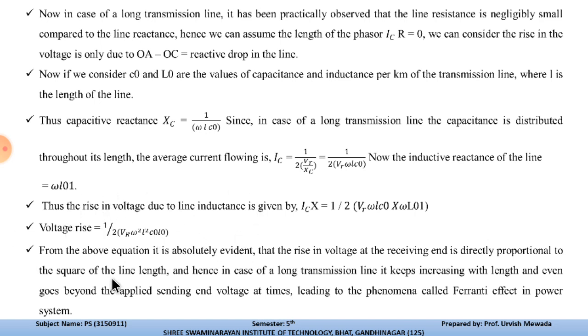If the line length is more, the chances of the Ferranti effect will be more, especially if the system is lightly loaded or there is no load connected. In a transmission line, the voltage keeps increasing with length and at times even goes beyond the applied sending end voltage. This phenomenon is called the Ferranti effect in the power system.